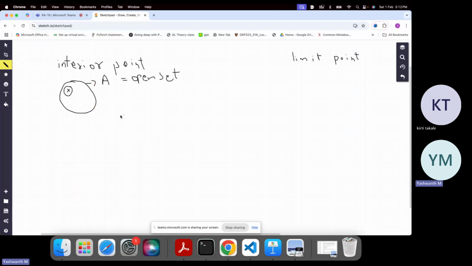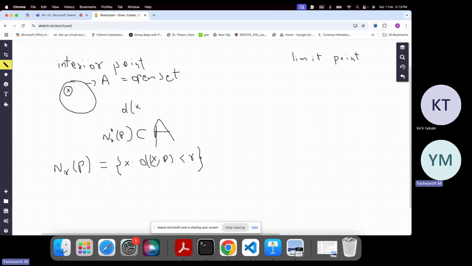So how do we write this mathematically? There exists some r such that the ball B_r(p) is contained entirely within this set A. Now I'll describe what is B_r(p). It is the set of X such that the distance between X and point P is less than r, where r is a positive radius.